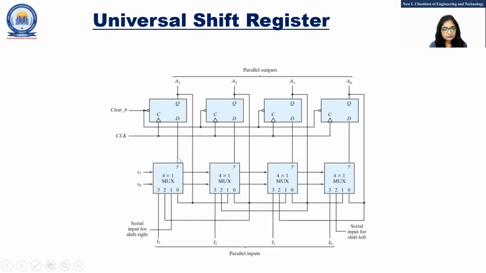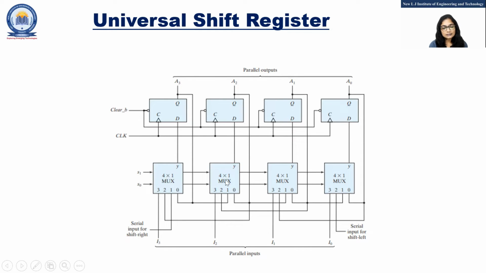Output of this mux we are applying to D flip-flop. 4:1, that's why 4 inputs, 1 output. 4 inputs are there, that's why 2 control signals, and those are S0, S1.